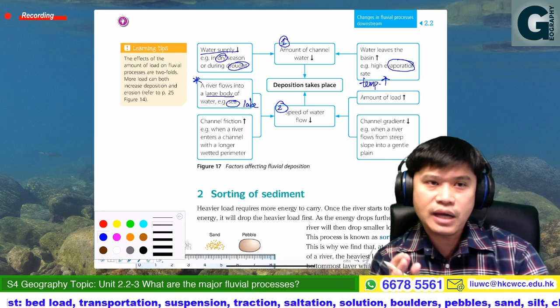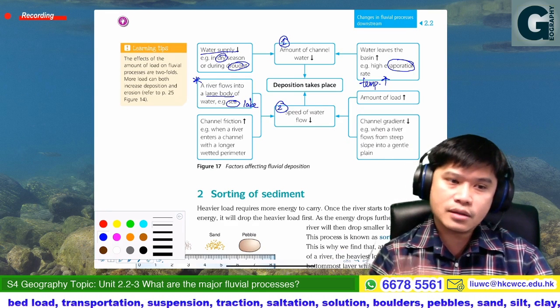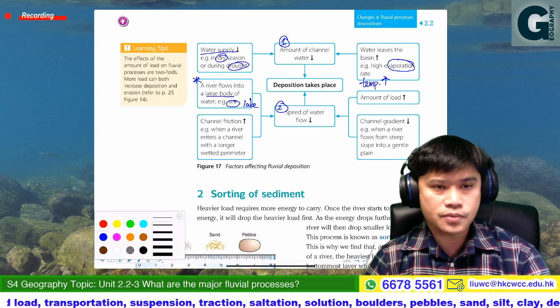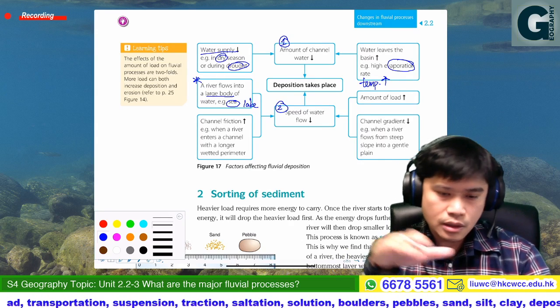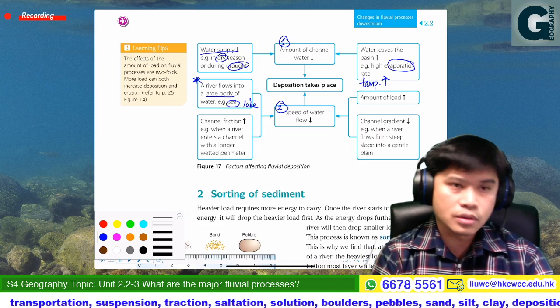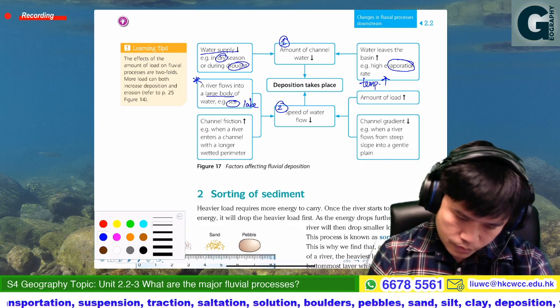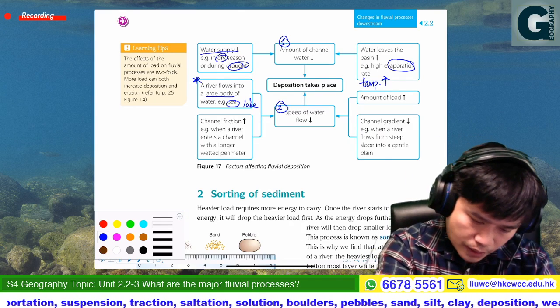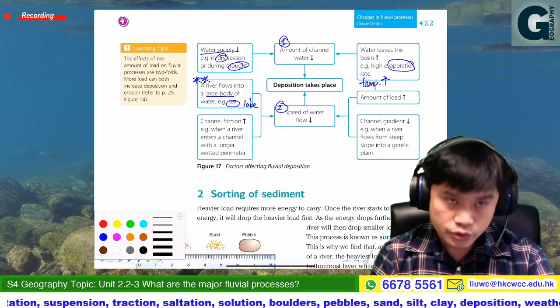When the speed of water flow becomes very slow, deposition occurs. So this one, please mark a star. You should know that.